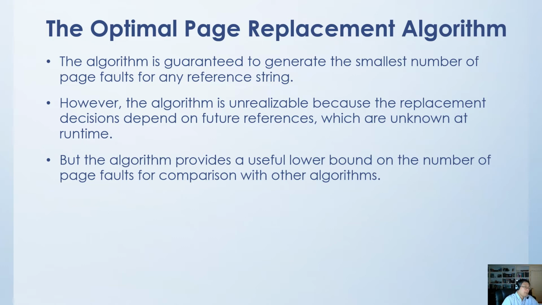Okay, so here's a summary of the optimal page replacement algorithm. Number one, the algorithm is guaranteed to generate the smallest number of page faults for any reference string. That's good. Why is that good? Because page faults are very costly.